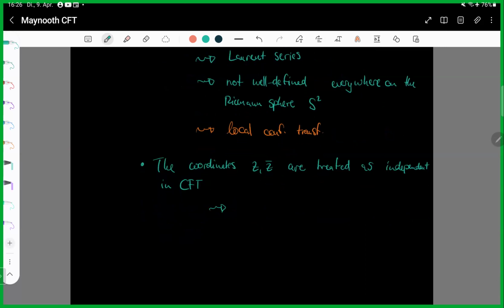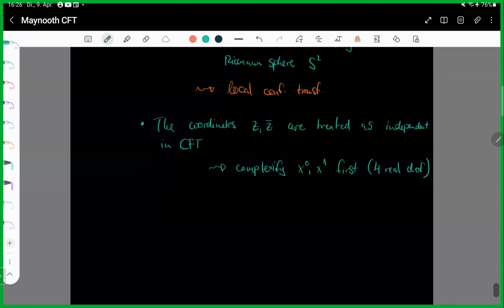So the way you should think about this is that you take the real coordinates x0 and x1, and you complexify them first before combining them into complex degrees of freedom, which means that you now have 4 real parameters, 4 degrees of freedom. And then just reshuffling them into complex coordinates is just a rotation. It's just a coordinate transformation.